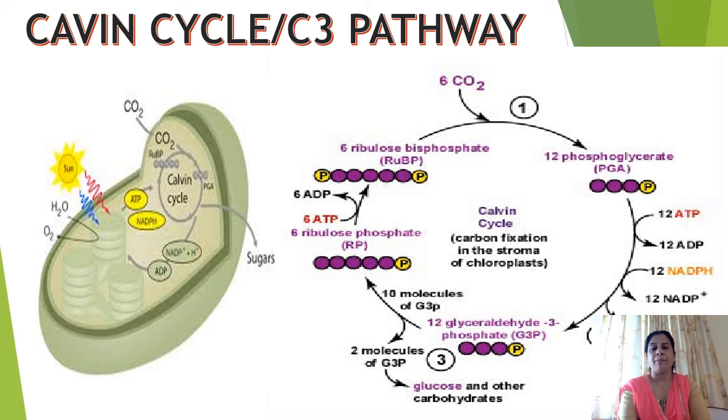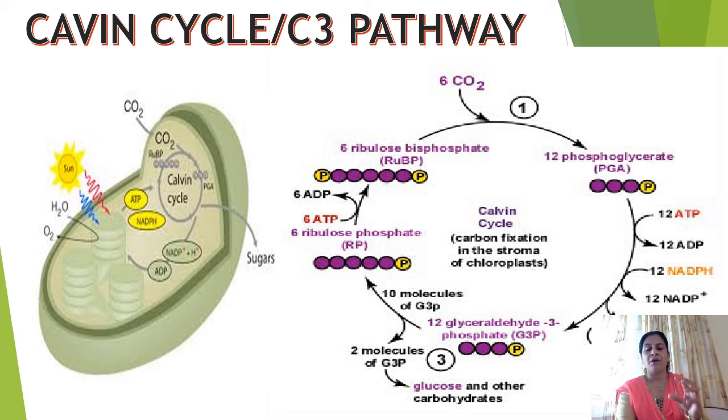After one completion of this C3 pathway, there is formation of 2 molecules of PGAL. The second time CO2 is fixed by RUBP in the presence of RUBP carboxylase enzyme. The second time the cycle runs, again 2 molecules of PGAL are formed. The third time CO2 is fixed, again the cycle is completed to form 2 molecules of PGAL.